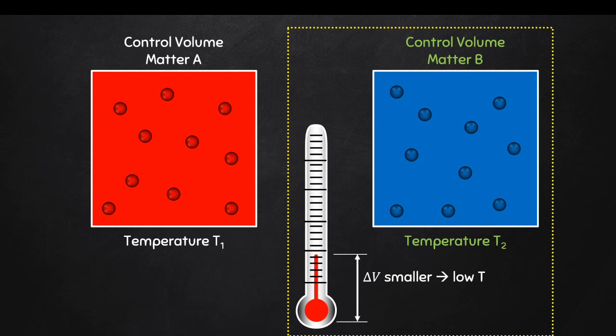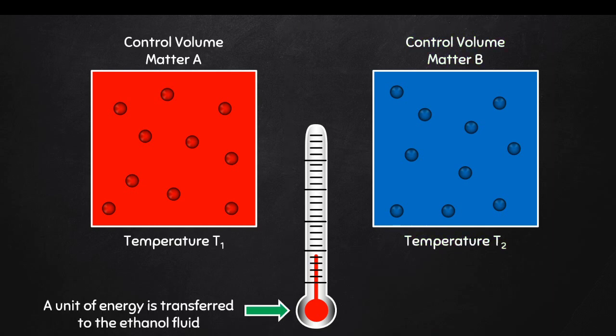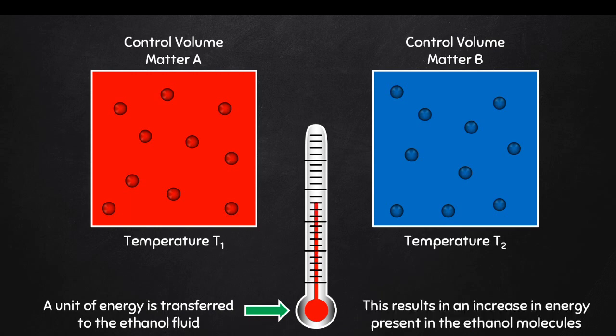How did we change the volume of ethanol? Well, by adding or removing energy from the ethanol, or in other words, by transferring energy to and away from the ethanol. The addition of energy, for instance, results in an increase in the energy contained within the ethanol.